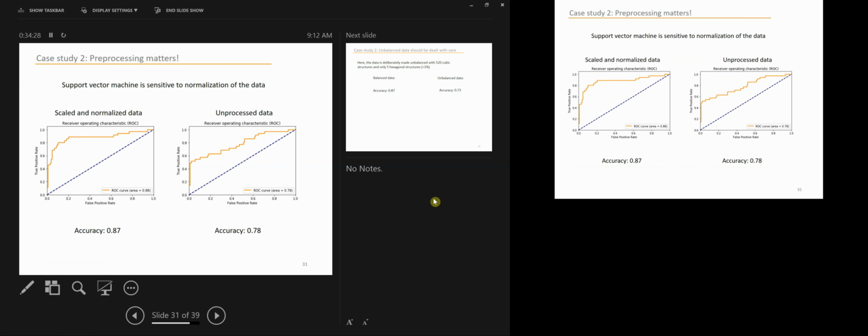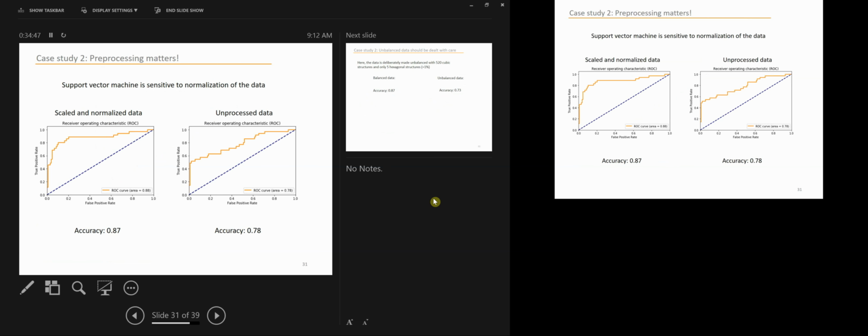So I want to point out some of the nuances of actually performing classification in practice. For example, a lot of machine learning algorithms, including support vector classification, are sensitive to the pre-processing of data, for example, to normalization.